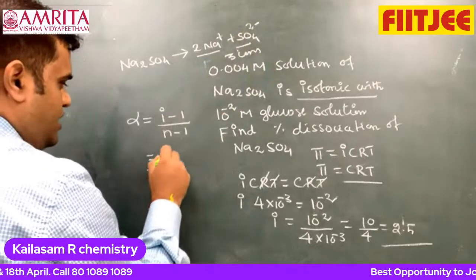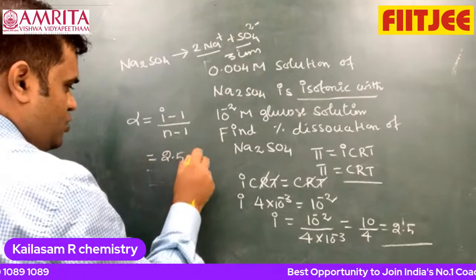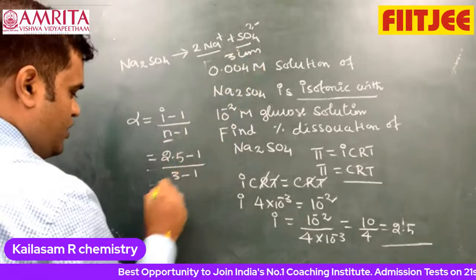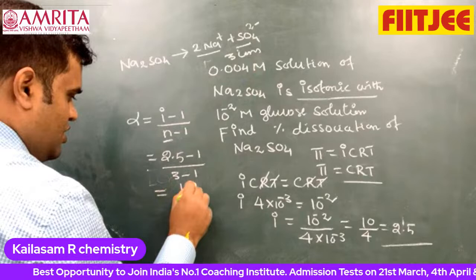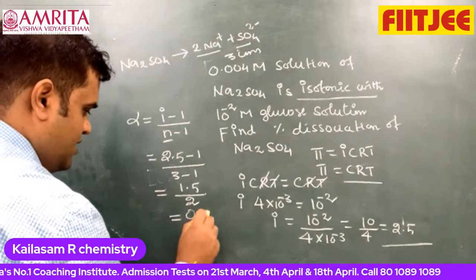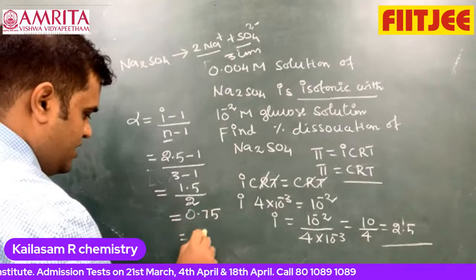Therefore 2.5 minus 1 divided by 3 minus 1, that is 1.5 by 2, which is 0.75. That is the answer.